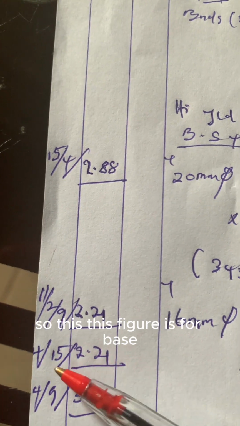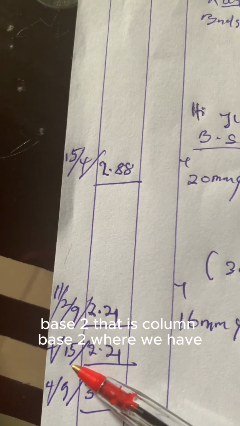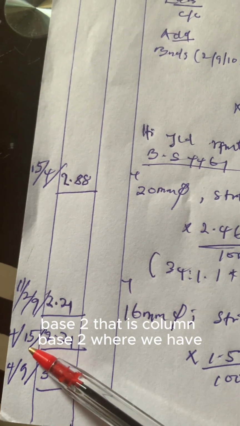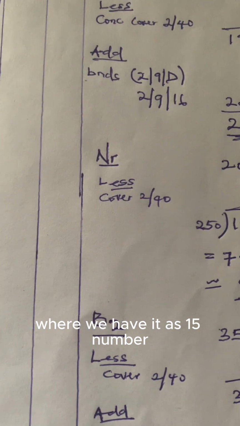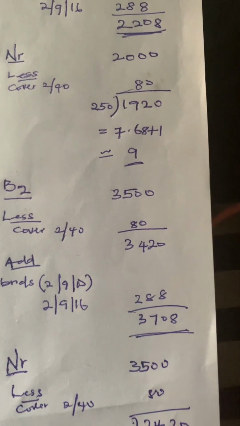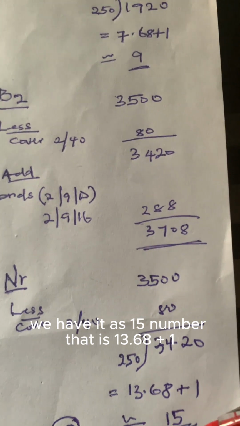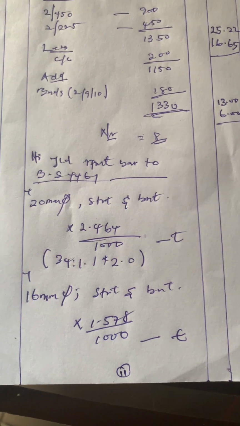So this figure is for base 2, that is column base 2, where we have it as 15 number, which is here. That's 13.68 plus 1, which is approximately 15 number.